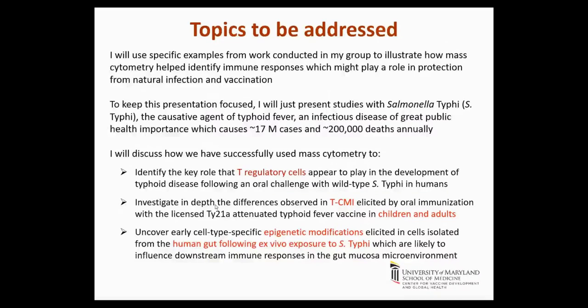I will then move into a series of studies in which the cellular immune responses are measured in both children and adults with the endpoint of comparing whether the responses are similar or not. And I will conclude with a very interesting series of experiments in which we studied the epigenetic modifications elicited in cells isolated from the human gut and exposed in vitro to Salmonella Typhi.